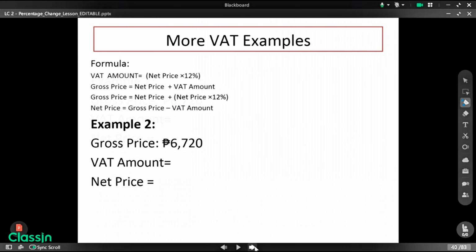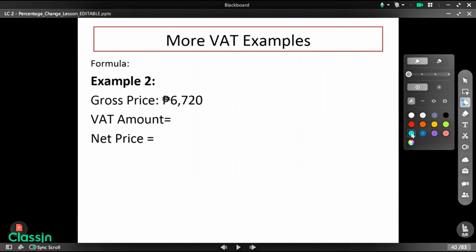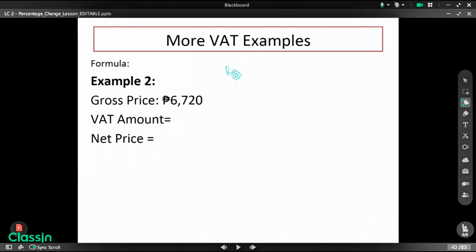Now let's proceed to the problem. So here again, the formula in reverse VAT is net price is equal to gross price all over 1.12.